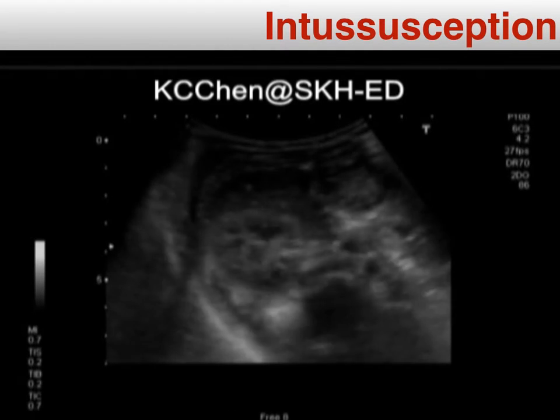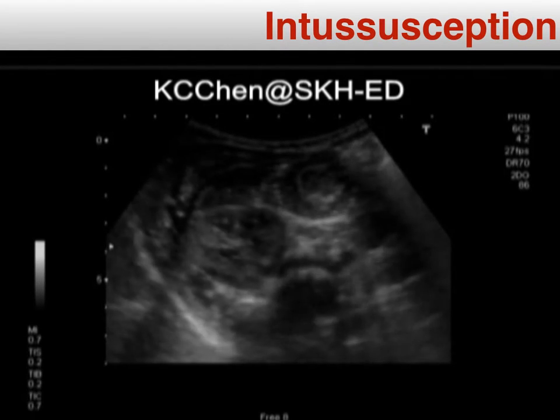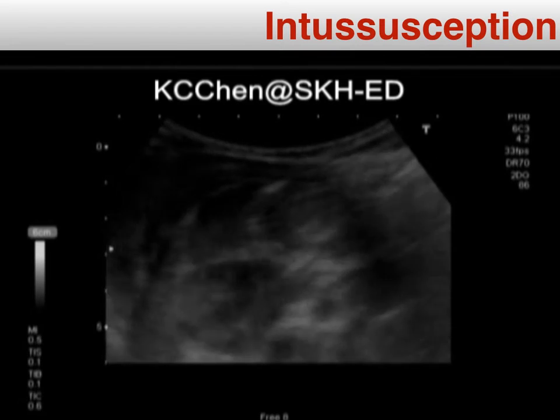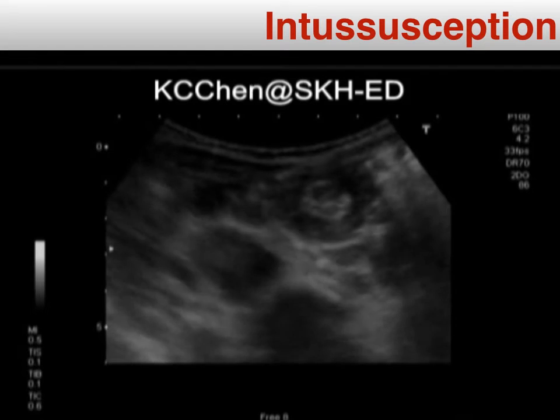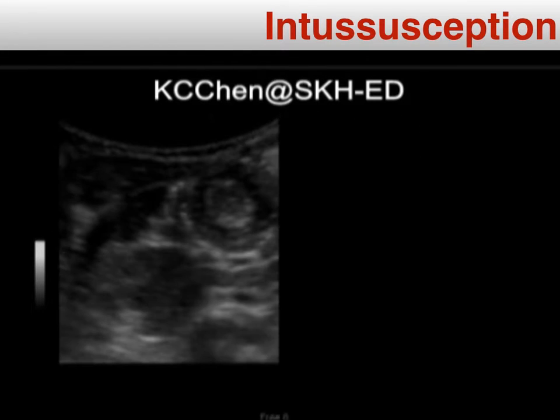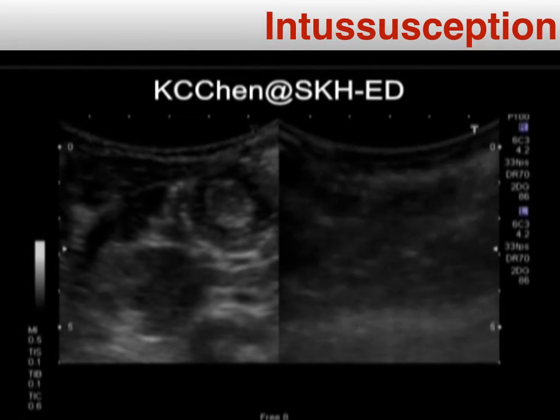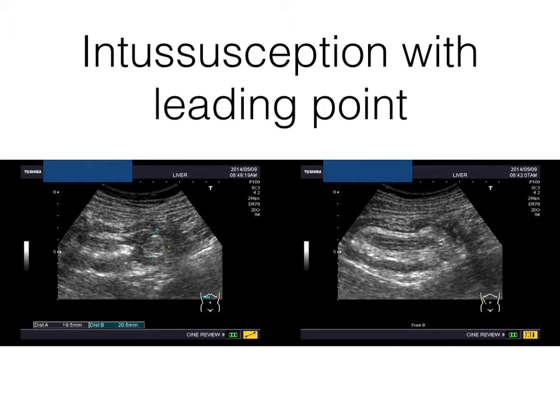So liver, kidney, transversely, and then after you find the target, find the lesion, you can change the direction of your probe. Sometimes we can find the leading point. Sometimes we cannot.